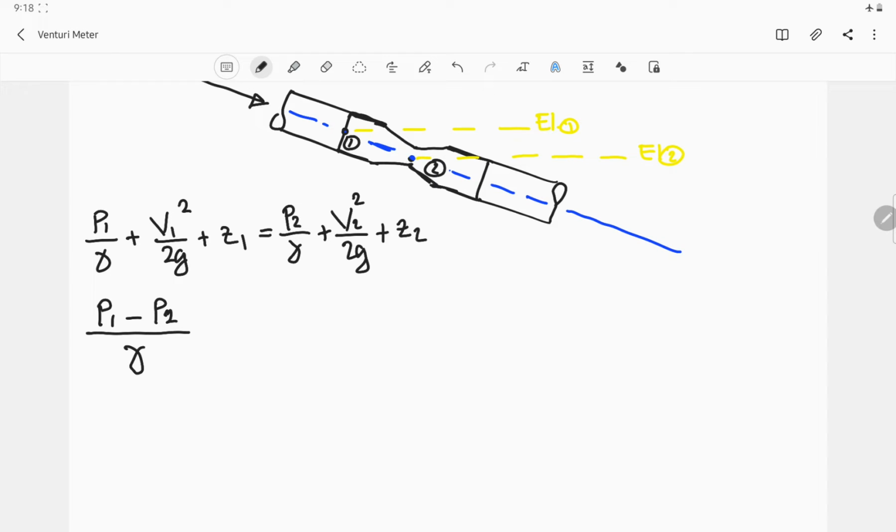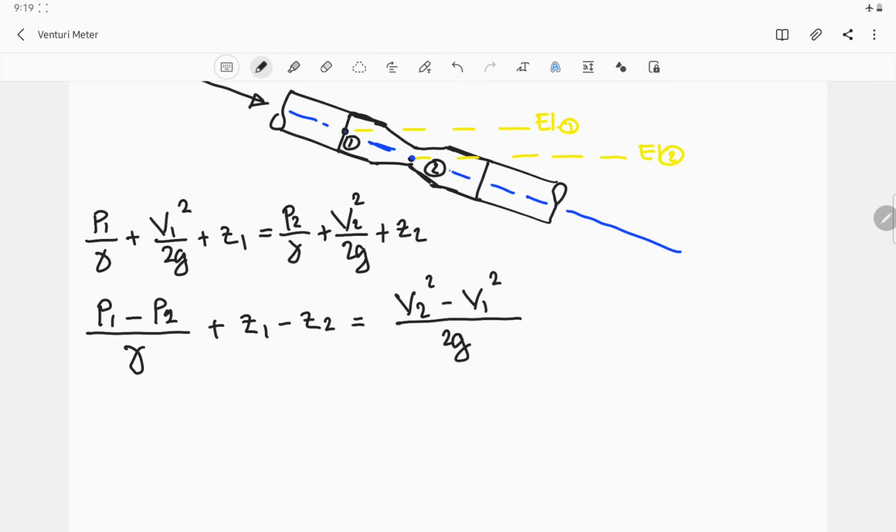And since we cannot cancel out Z1 and Z2 anymore, we include Z1 and Z2 in the equation. Then on the right side, we have the velocity. Alright.